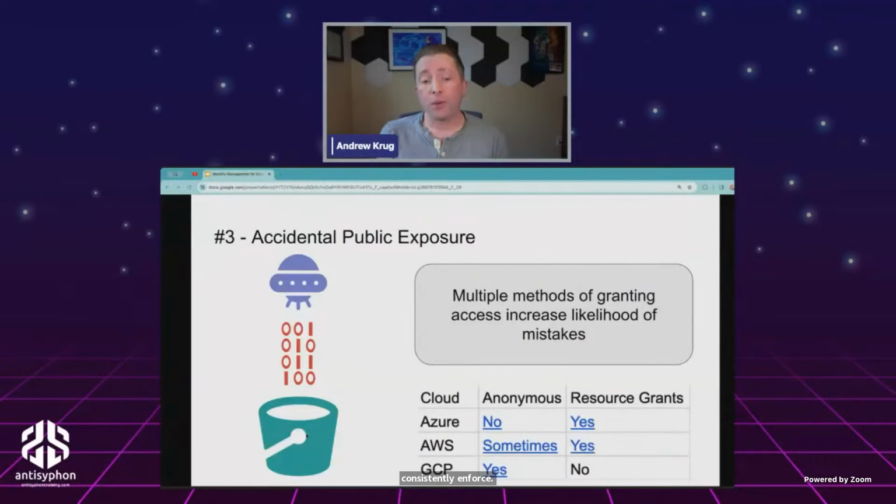The other big risk when it comes to identity and access management, and this is more on the access management side and not the identity side of things, is accidental public exposure. In cloud, all 3 cloud providers have, for example, the concept of a bucket or a blob store that you can put things in, and then it has a system to grant access that is not regular role-based access control. In AWS, they call it a resource policy system. In Azure, they call it storage policies.